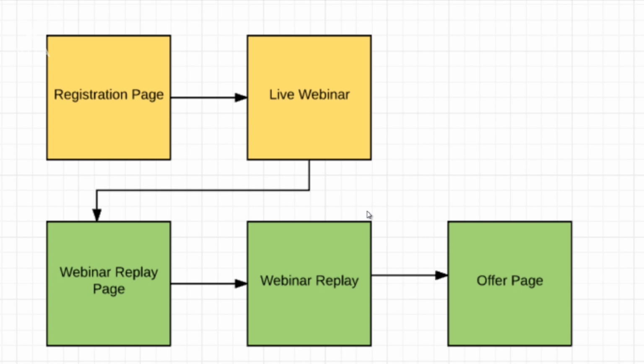So you could add chat, you can add other things to it as well. And the nice thing about systems like EverWebinar and Webinar Geo is you can set it up so that at a certain time during the webinar, when you actually talk about the offer, you can present the offer page.